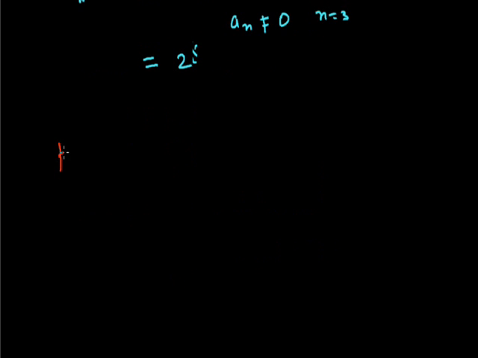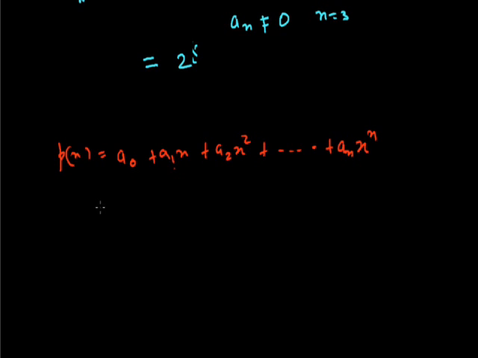In a polynomial p(x), where p(x) equals a0 plus a1x plus a2x square plus dash dash dash an x to the power n, a0, a1x, a2x square, all these are the terms of the polynomial. So we can see in this polynomial there are n plus 1 terms, since we are starting counting from 1.